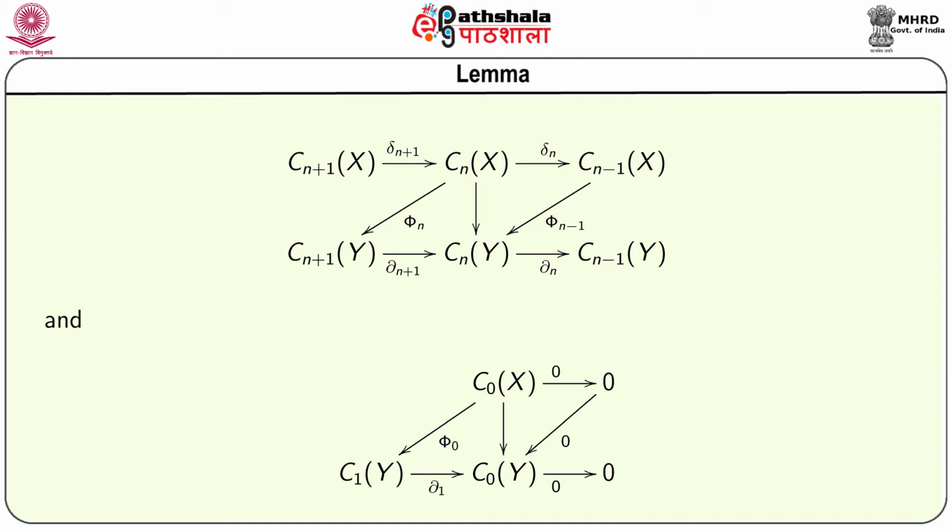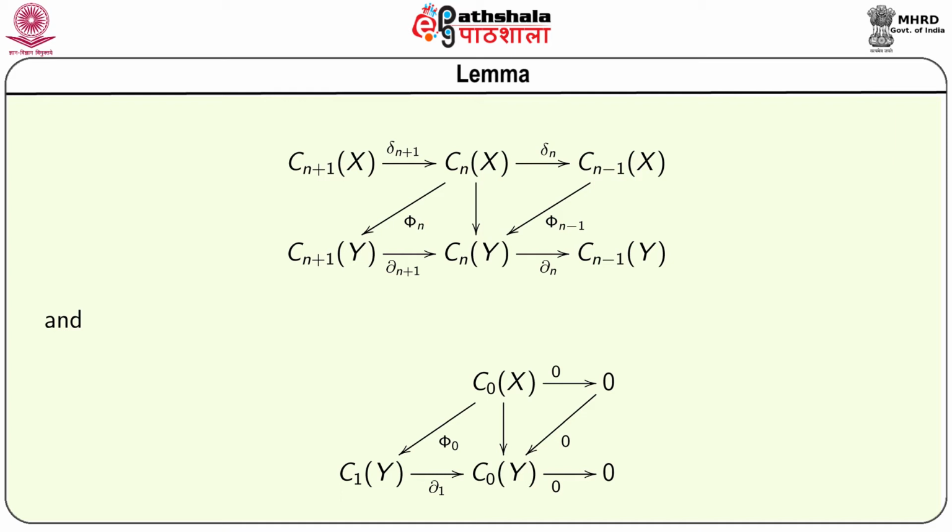This lemma says that there exists a family of functions which are denoted by the diagonal arrows in this diagram. The arrow from Cn x to Cn+1 y is denoted by phi n, and the arrow from Cn-1 x to Cn y is denoted by phi n minus 1.